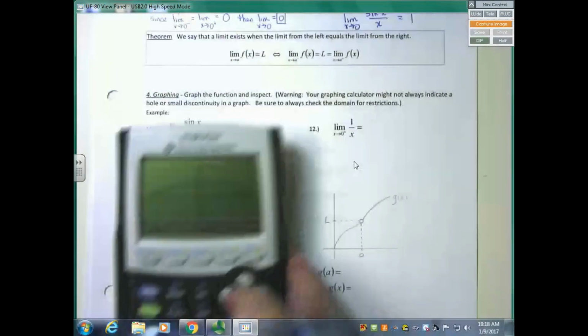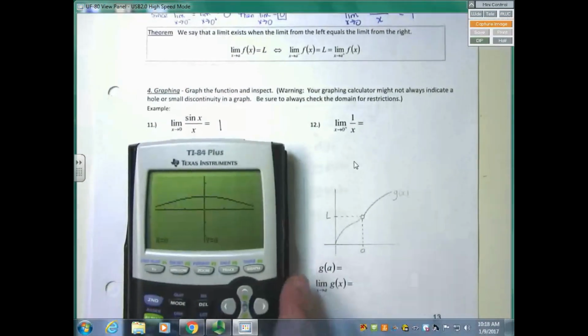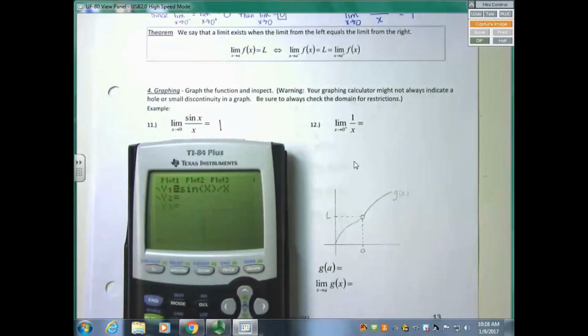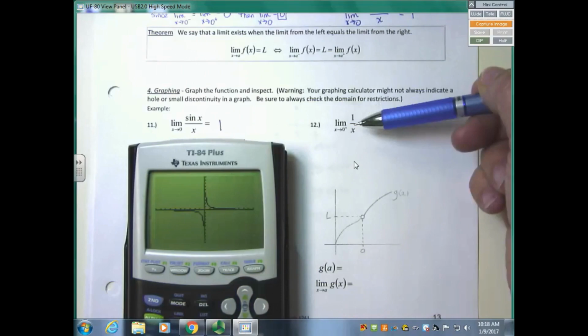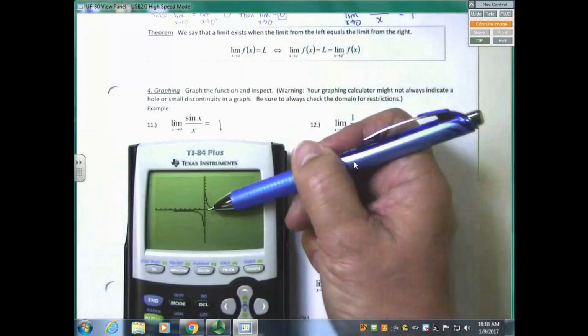All right? So if we look at 1 over x in the next problem, and I graph that, this is asking me what is the limit as x approaches 0 from the right. Here's 0.